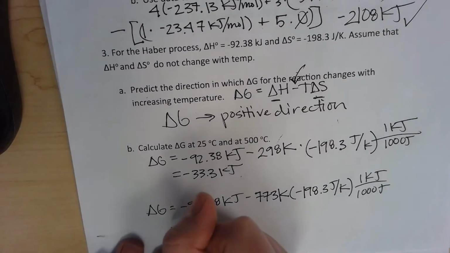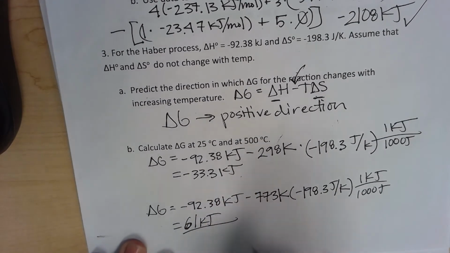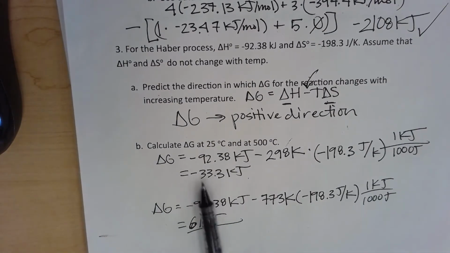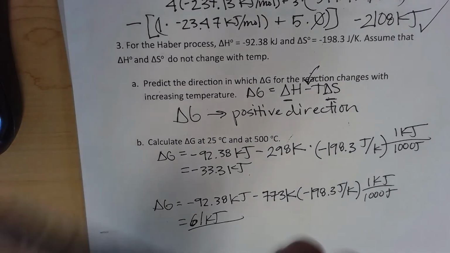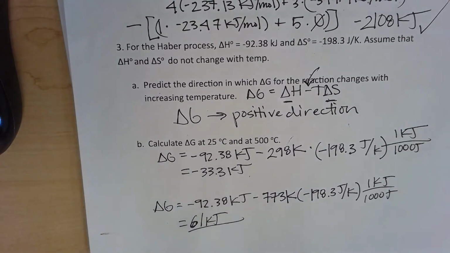So when we calculate that, I got that delta G is 61 kilojoules. So at this temperature, we will make ammonia. This temperature, we will not make ammonia. We will make N2 and H2. Oh, coming back to equilibrium.